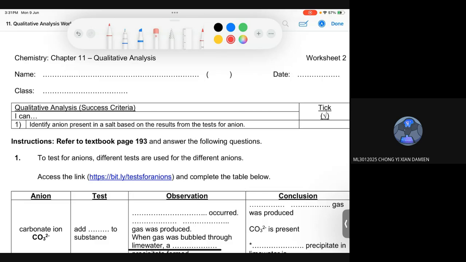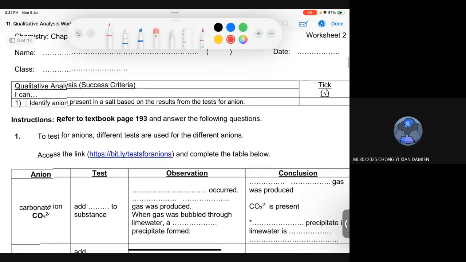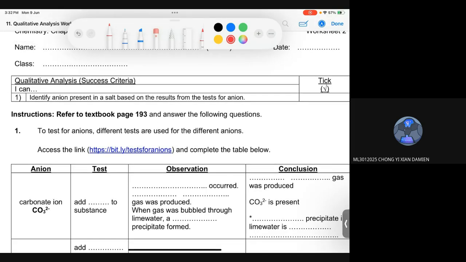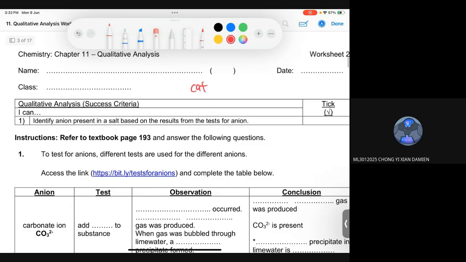Anions are a little bit different, because to test for cations you use only 2 things: either sodium hydroxide or ammonia. Once you add them, just look out for precipitates.